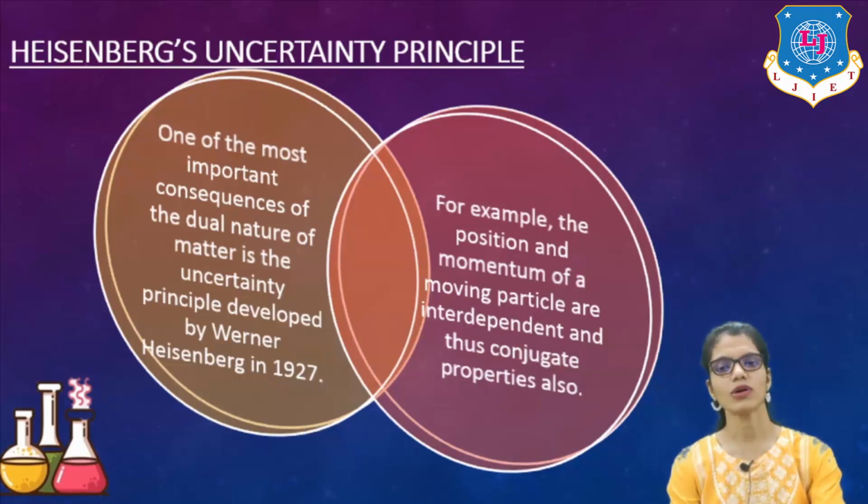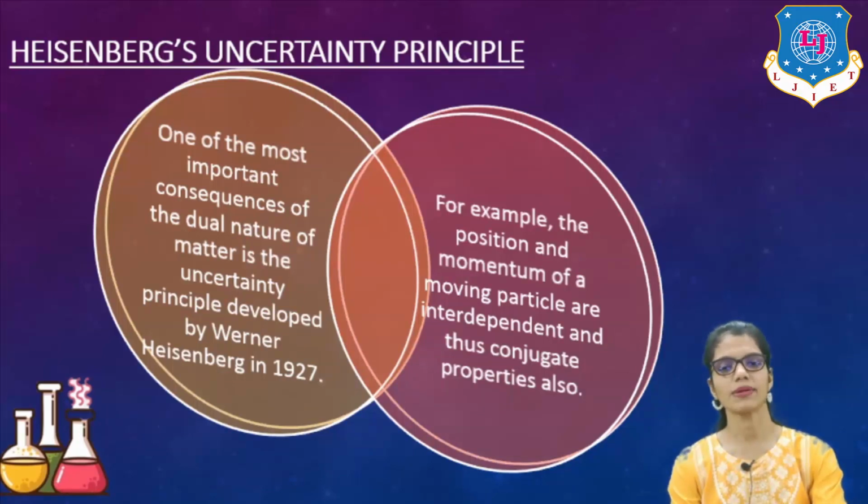One of the most important consequences of the dual nature of matter is the uncertainty principle developed by Werner Heisenberg in 1927. Because an atom has both natures, wave and particle, uncertainty comes in.